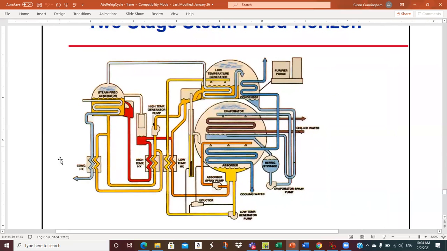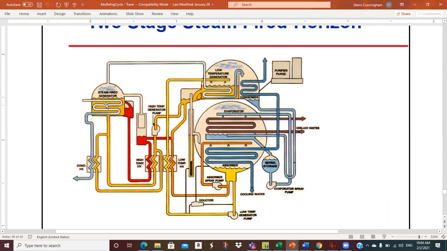Okay, so here's my steam fired generator. This is where my high pressure steam is coming in, 350, 400 degrees coming in here. And this is initially a weak solution being boiled off.